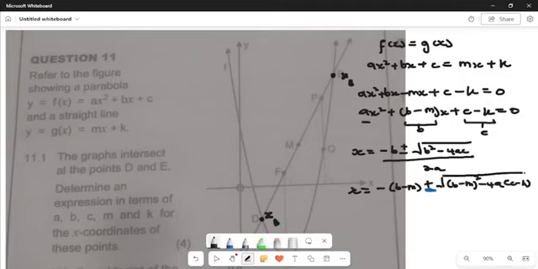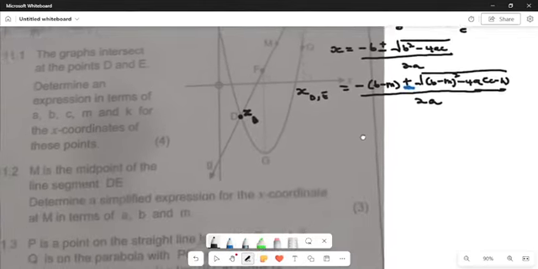All of that under a square root divided by 2a. So in fact, this solution is not just x, that is the x value at D and at E. So that's how we can present our x coordinate at those two intersections.